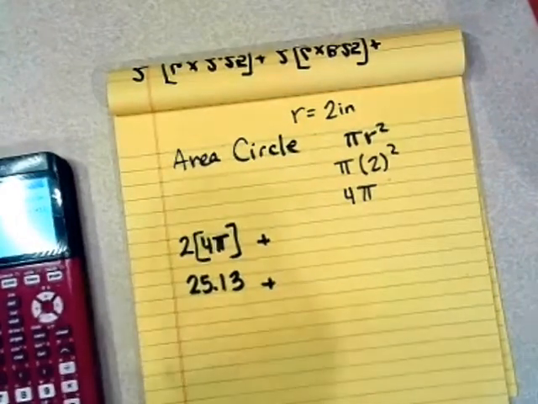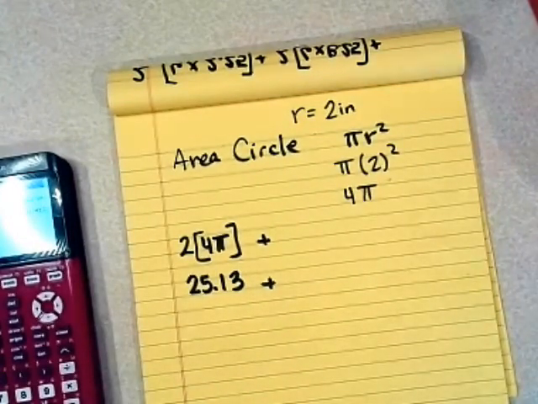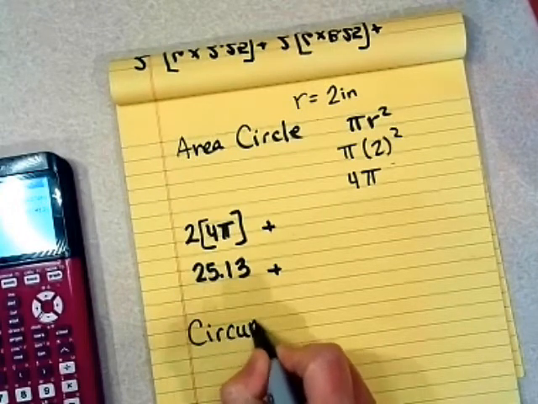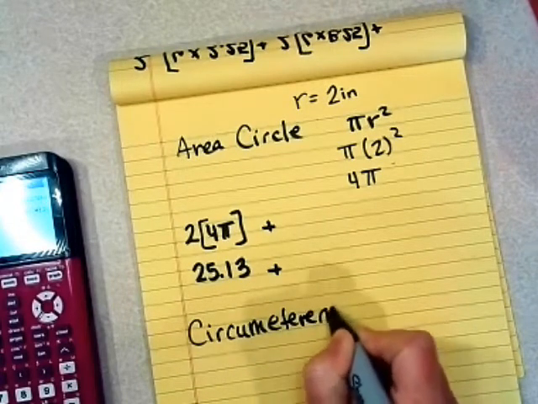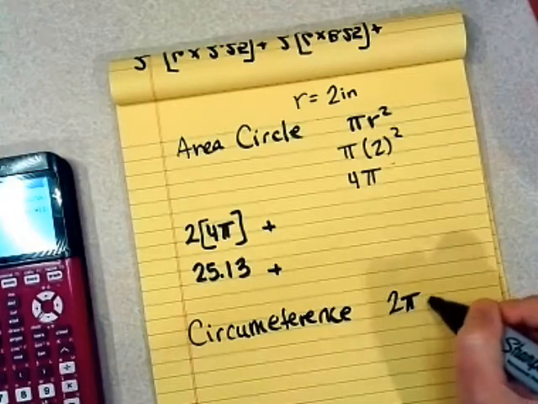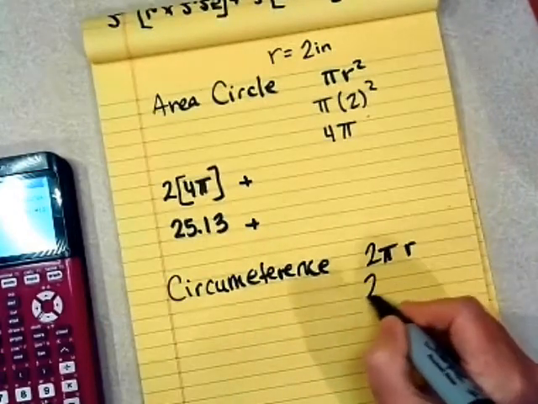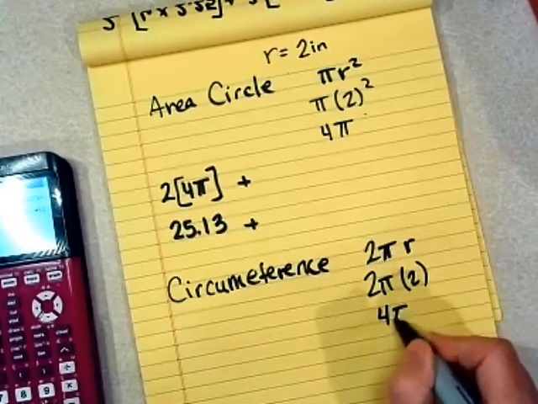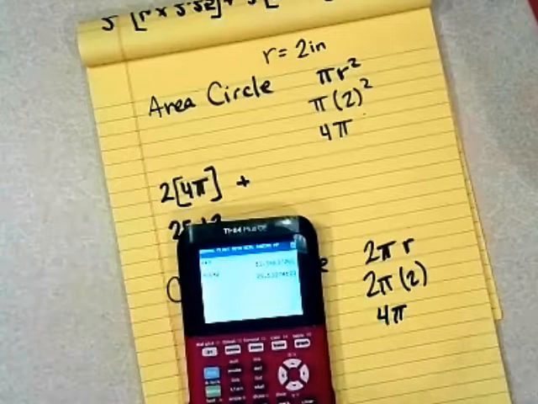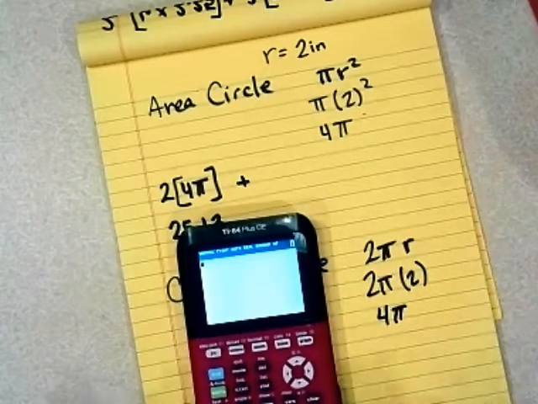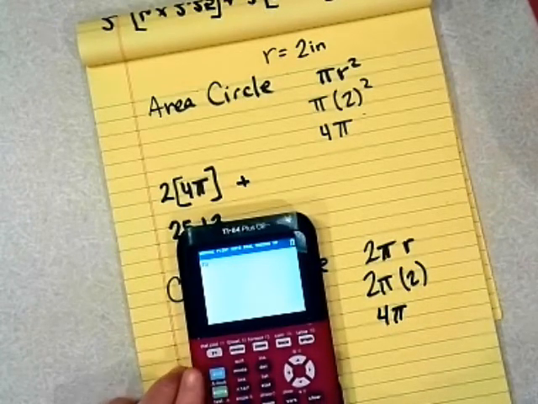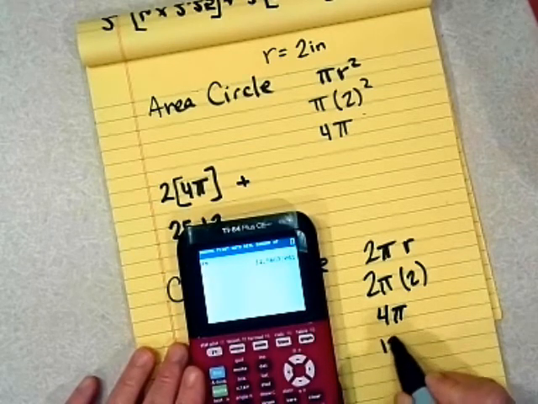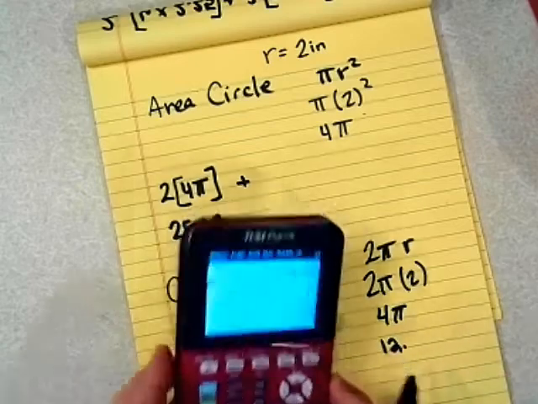But let's find the circumference using the formula for it. So the circumference is given by 2 times pi times r. Now on this one we already know that r is 2, so this really turns into 4 pi. It really turns into the same thing as the area, only because of the 4. That's the only number it works that way with. And so the circumference, if we calculate it using the formula, turns out to be 12.56 repeating.